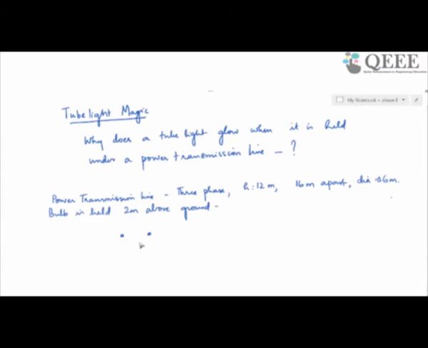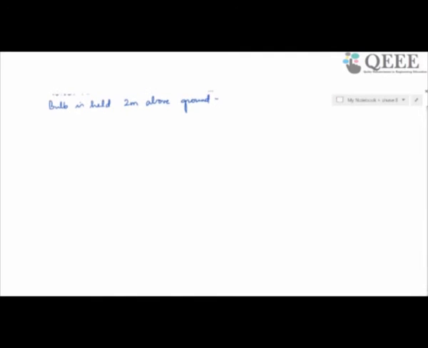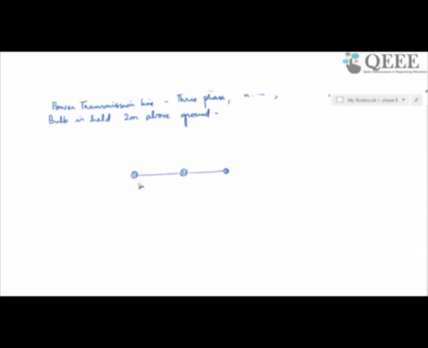So, the question is, I can draw the picture. These are the 3 transmission lines. I am just drawing the cross section, and mind you, their potential difference is very large. The potential difference is between the 2 cables in a 3-phase line, so you have 3 cables, and the potential difference is something like 750 kilovolt.